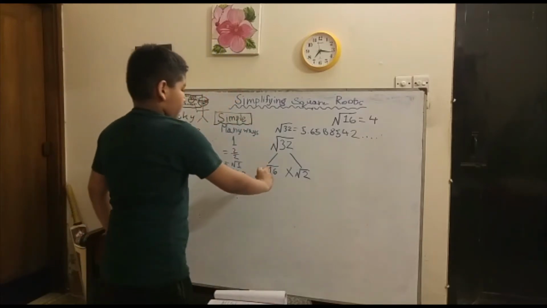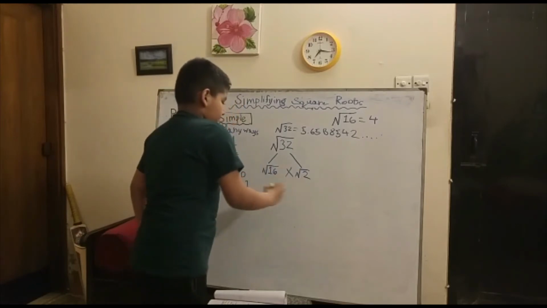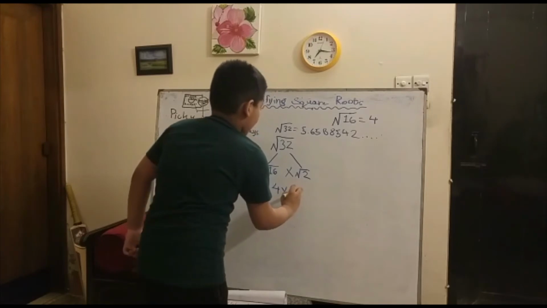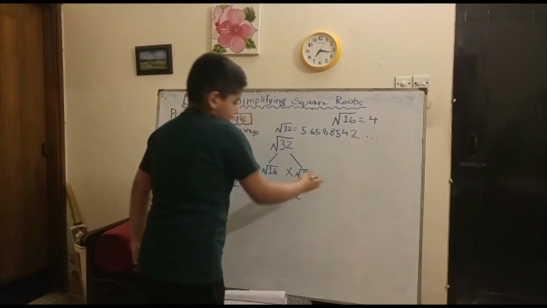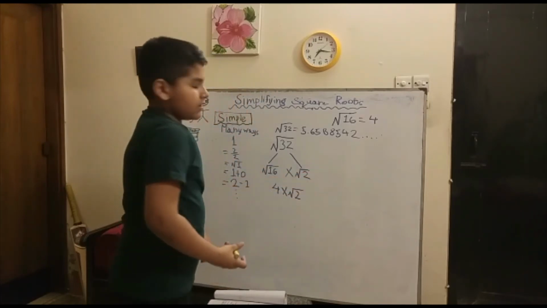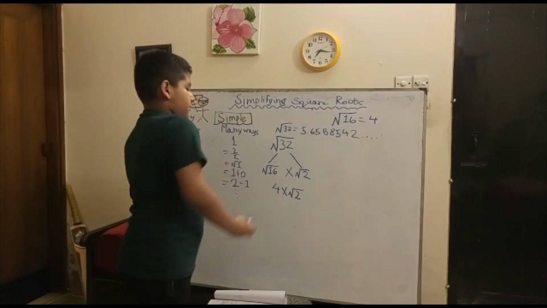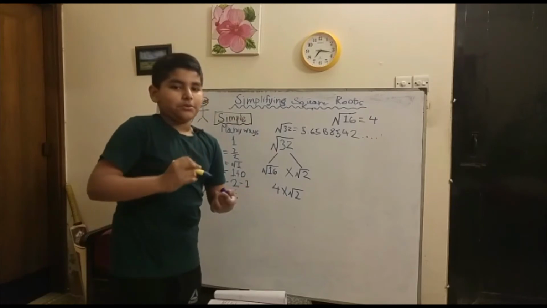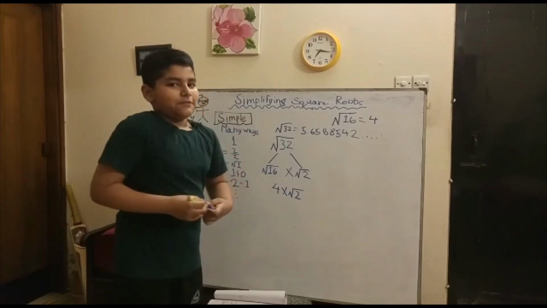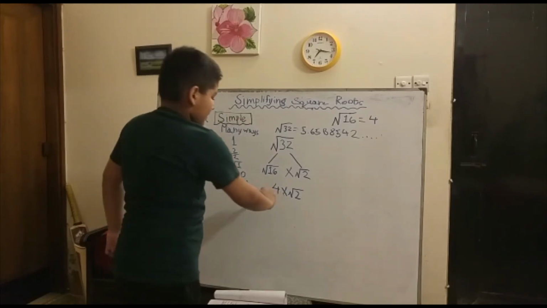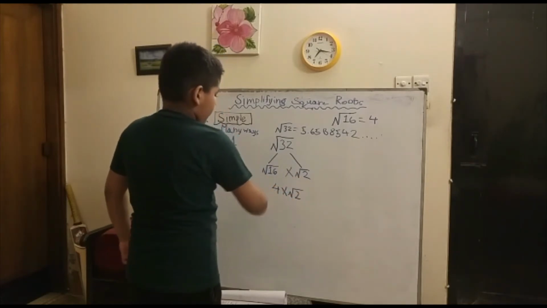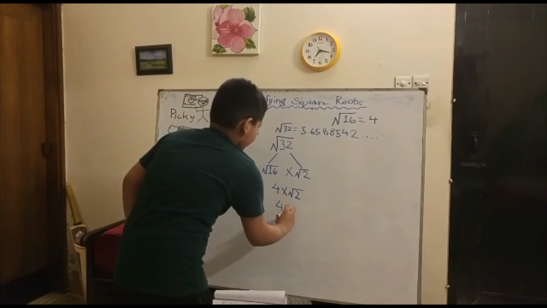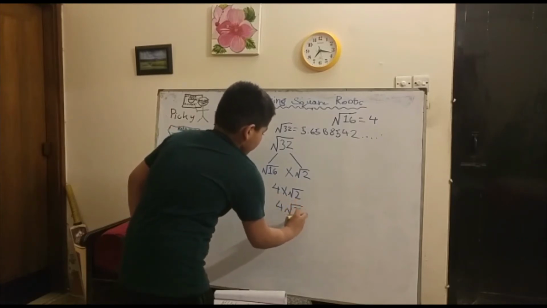Since this is a perfect square, we can replace it with 4 and keep the times square root of 2 as is, because it's an irrational number too, and simplifying that would be hard. You don't want to simplify a square root while simplifying another square root. You just overwork yourself. So the final answer would be 4 times the square root of 2, or how mathematicians like to say, 4 square root 2.